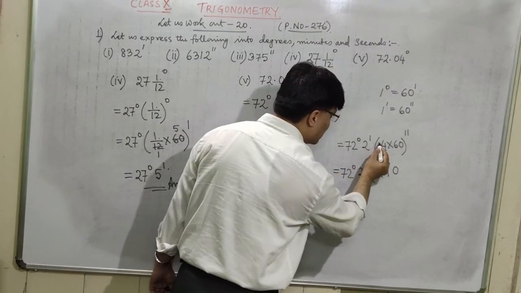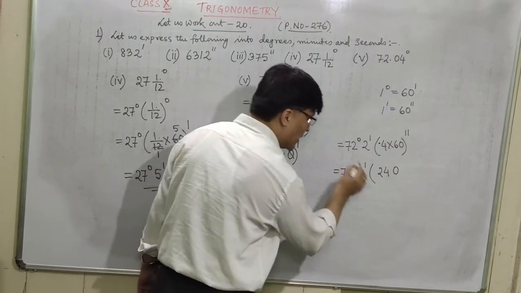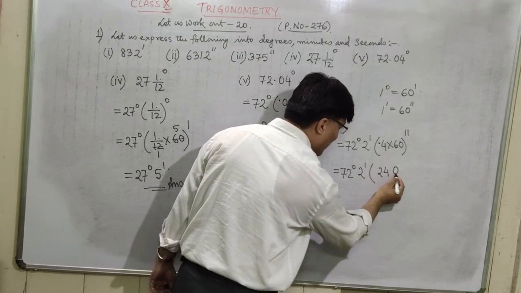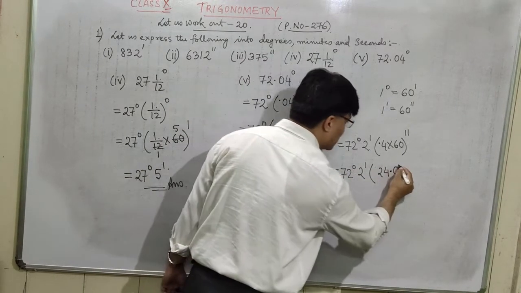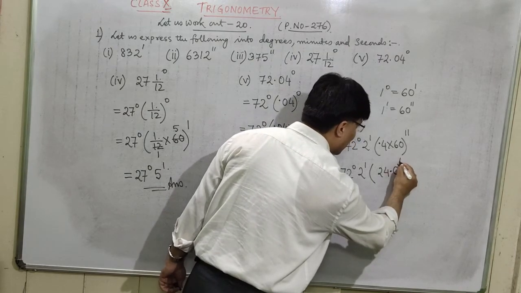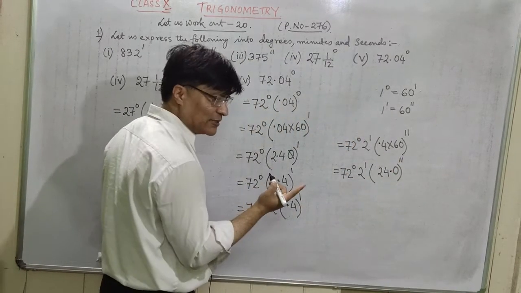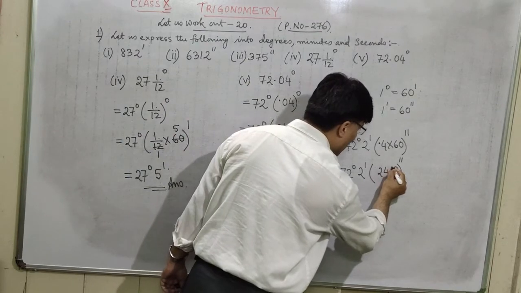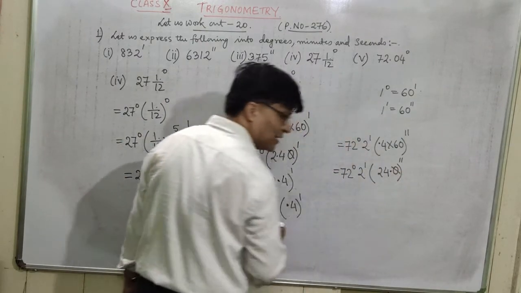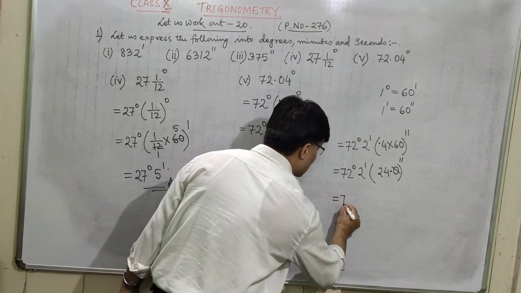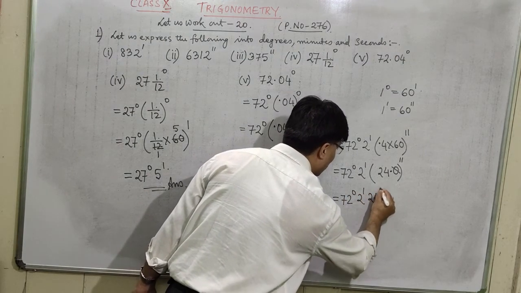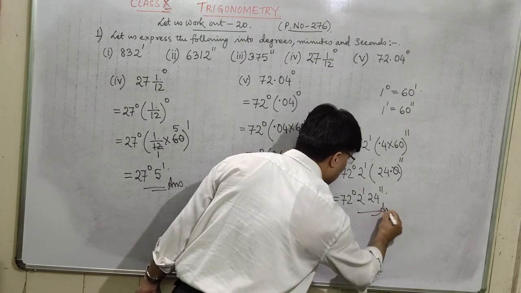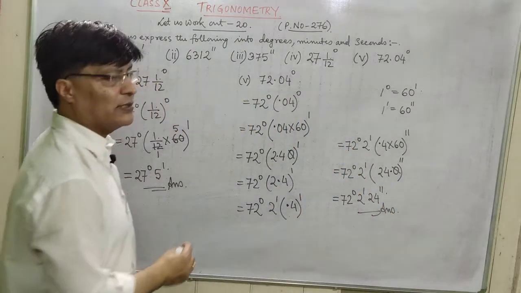After the decimal point there is only one figure, so you have to write down the decimal point before one figure from the end. So the decimal point goes before 0, that is 24.0, bracket closed, and this is converted into seconds. After the point there is 0, it can be cancelled. So which is equal to 72 degree 2 minutes and 24 seconds. So this is the final answer.